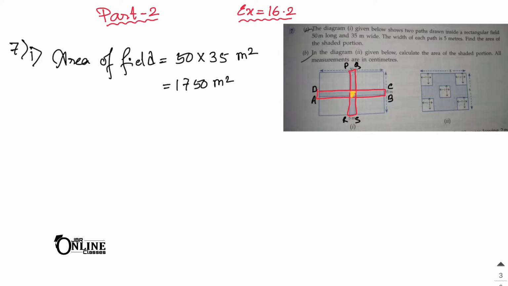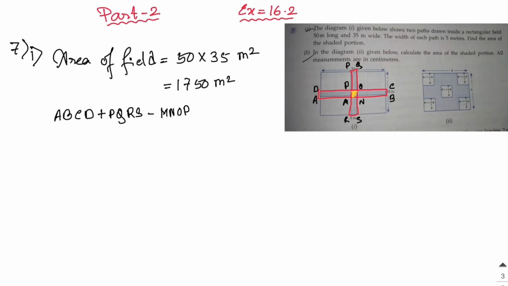That means ABCD, that rectangle, has length 50 but breadth 5. First you have to find out the area of ABCD, then the area of PQRS, and then you have to subtract the middle portion, which is a square. If you name it MNOP, then you have to subtract MNOP.